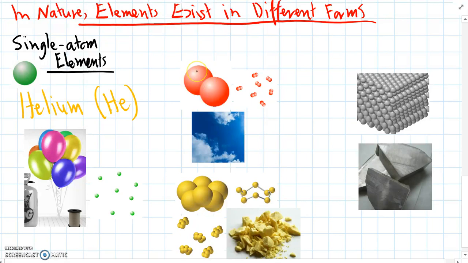But other elements, they actually prefer to be joined together in a molecule when they exist normally. And these we can call molecule elements, or molecular elements.